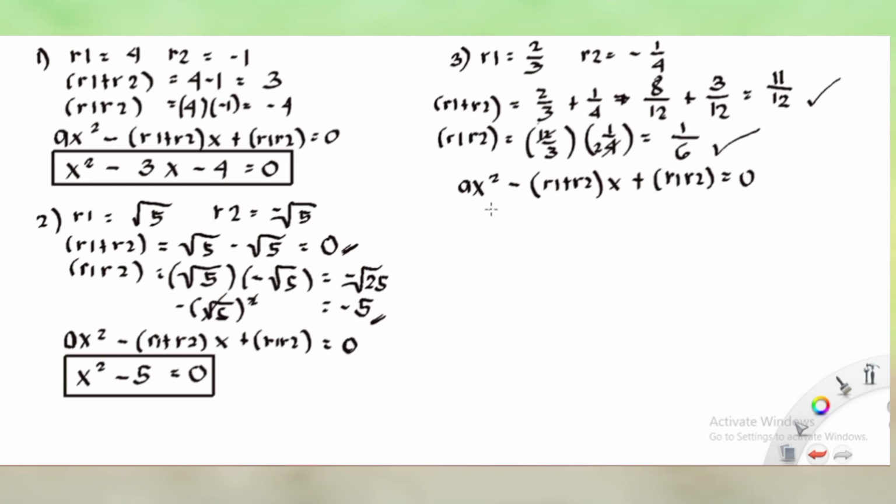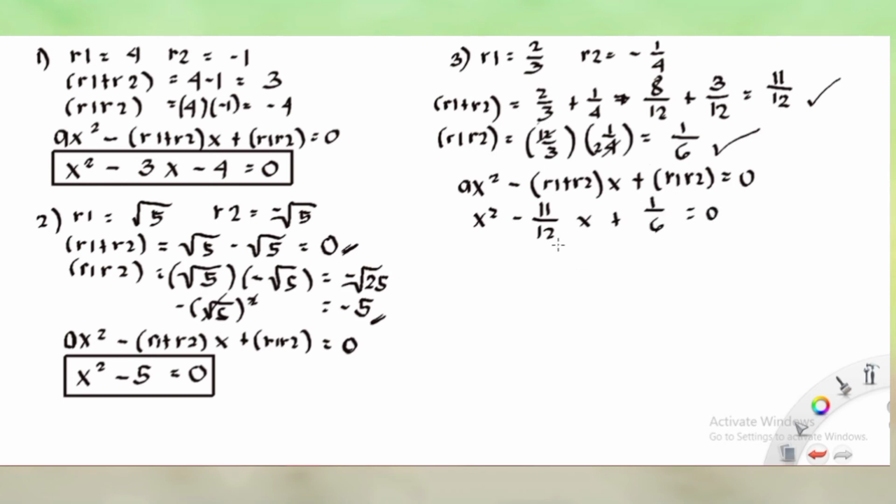And then, substitute. Let's remove the a so it's not confusing, to avoid too many variables. So, x squared minus the sum. The sum is 11 over 12 x, plus the product, which is 1/6, equals 0.